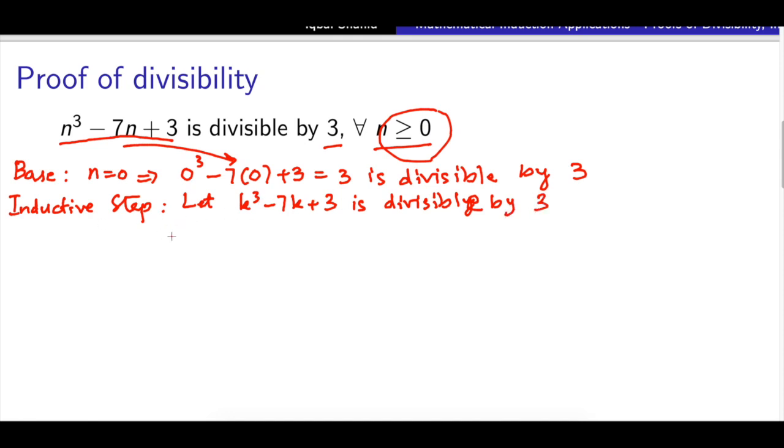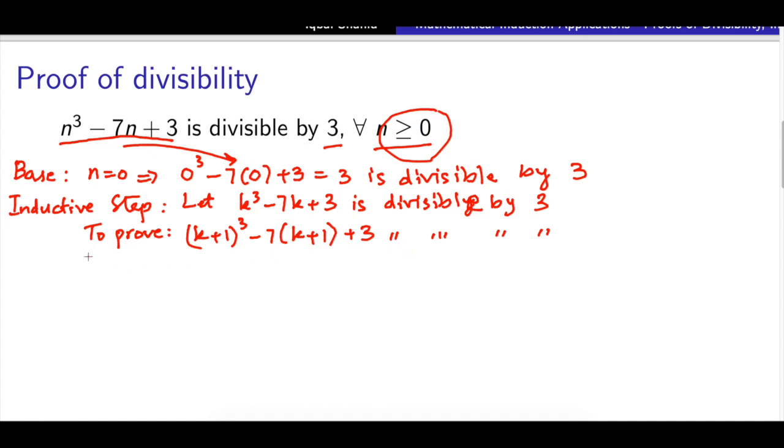So we have to prove that (k plus 1) cubed minus 7 times (k plus 1) plus 3 is also divisible by 3.